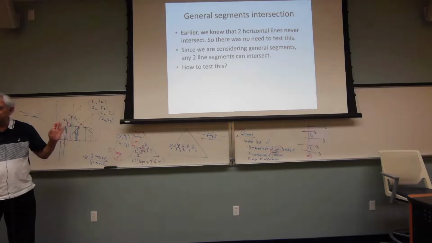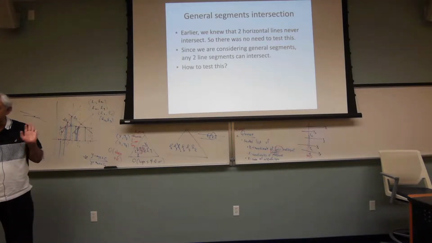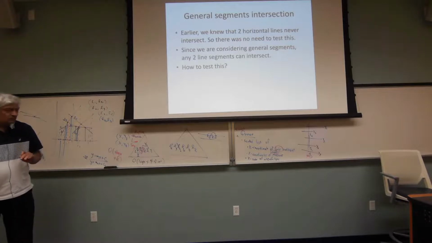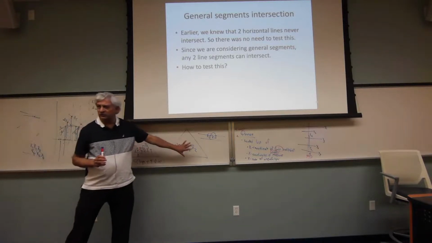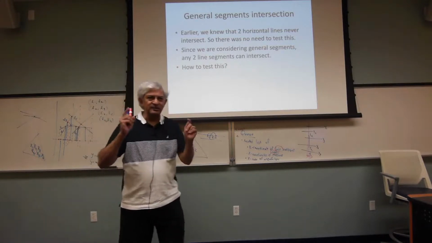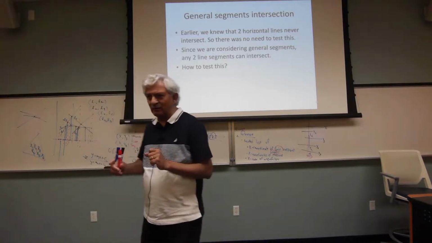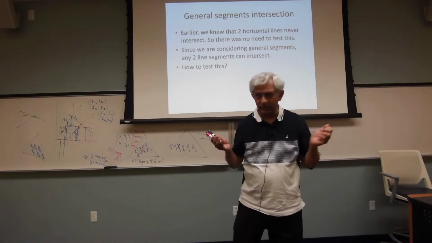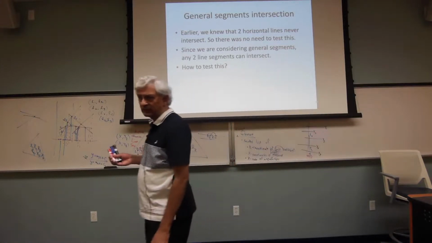Until then, nothing will change. One of them will remain above the other. And that's all you care about. So that's how this gets organized. In a red-black tree, you're always checking whether A is less than B. Here, we're going to use an x coordinate to figure out whether the line is above or below. Is that clear? Yeah.